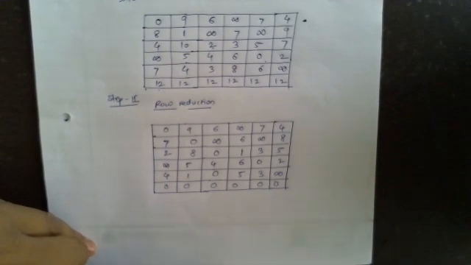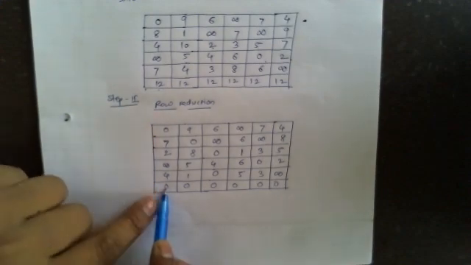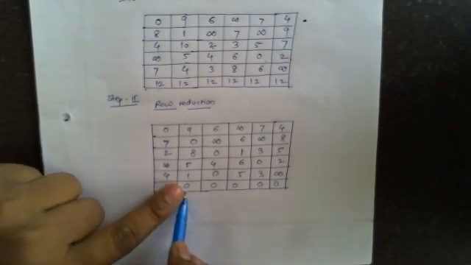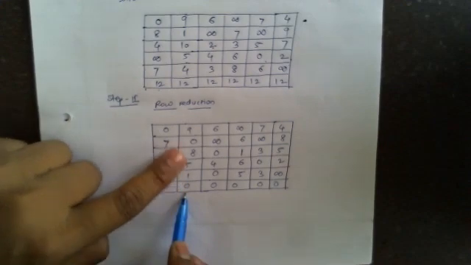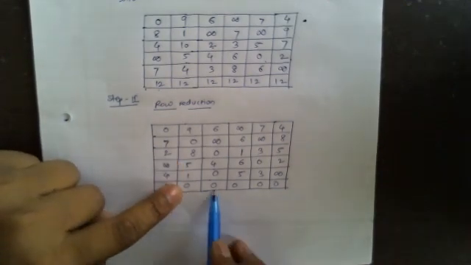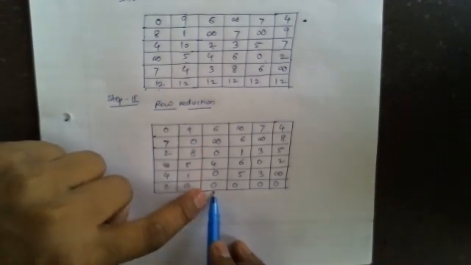Suppose we perform the column reduction in this particular case, then 0 is the minimum value. If I subtract 0 from all values, then this column doesn't change, correct? Again, in the second column, 0 is present. If I subtract this 0 from all other values, this column will not change. Again, in the third column, you can observe 0 here, so this column will not change.